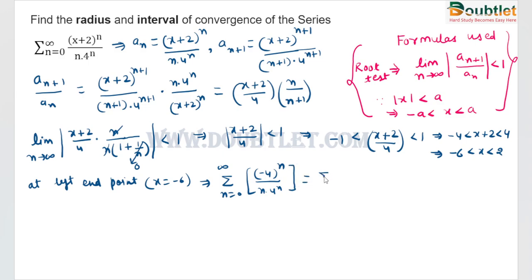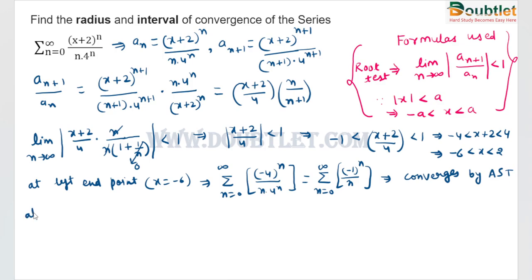After solving, the sum becomes minus 1 to the power n divided by n. This is an alternating series, and 1 upon n is greater than 1 upon n plus 1, so the terms are decreasing. So this series converges by the AST, the alternating series test.